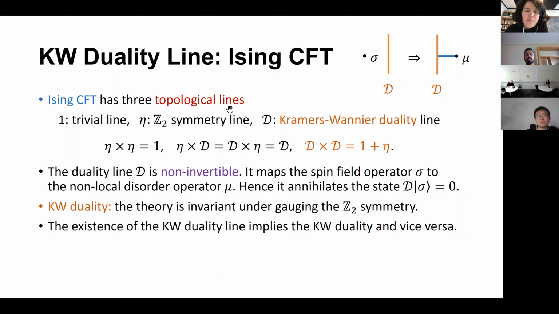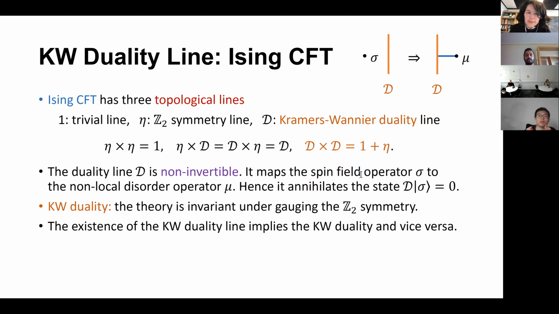And we can also talk about how these topological lines act on local operators. So for example, this duality line will map the spin field operator sigma to a non-local disorder operator mu, which I've drawn here. So when I bring a sigma across the duality line, it will become some line that lives on the endpoint of the Z2 symmetry line.